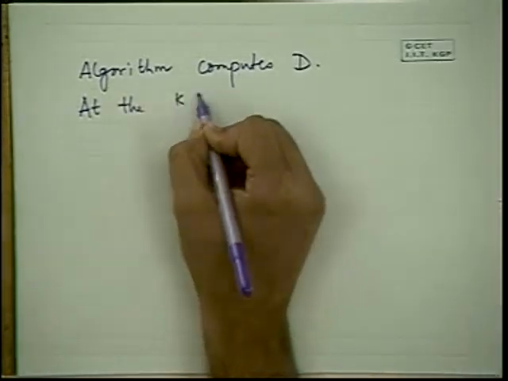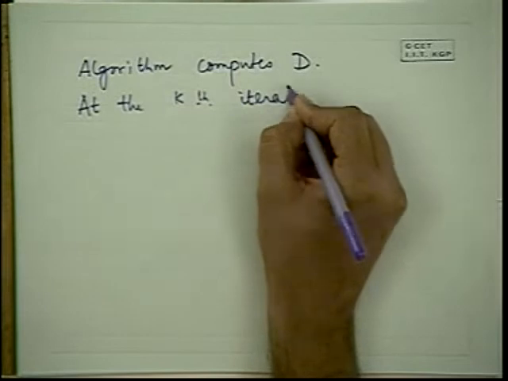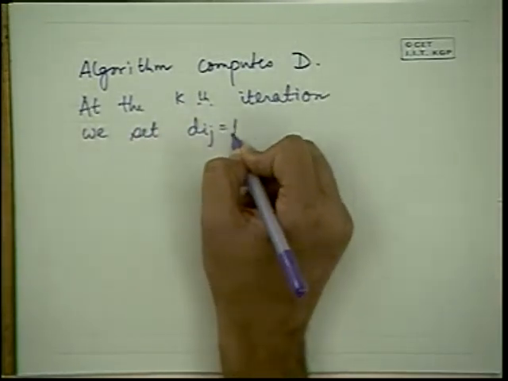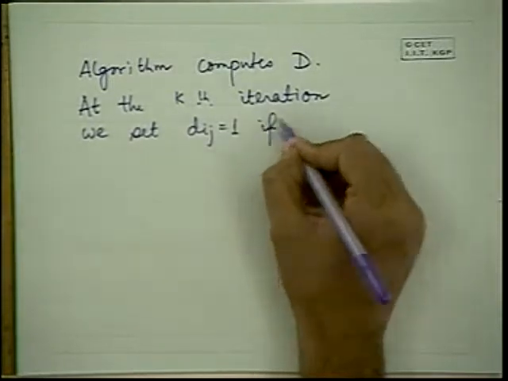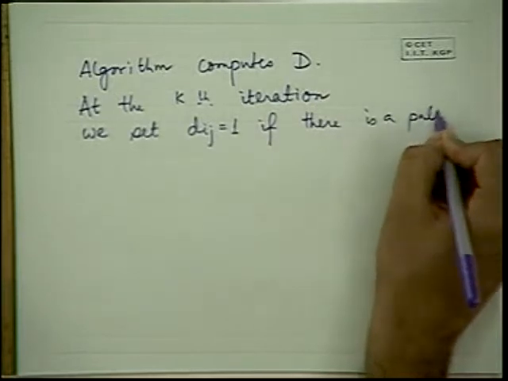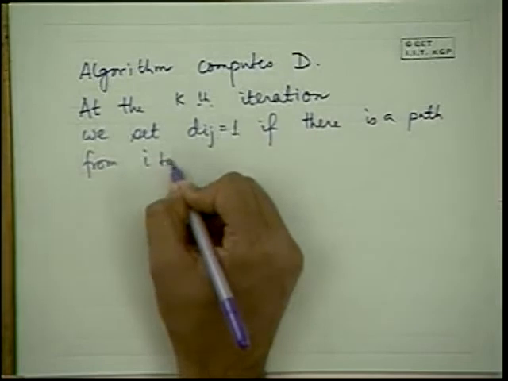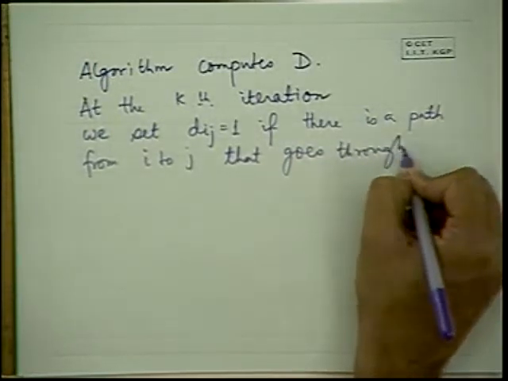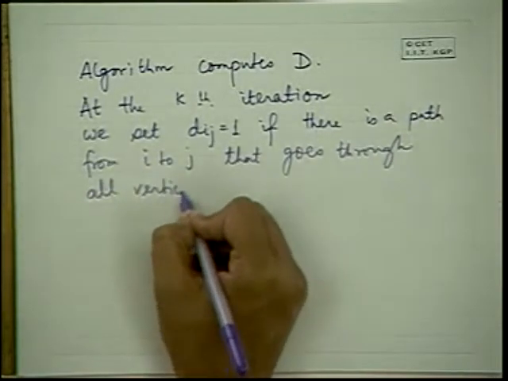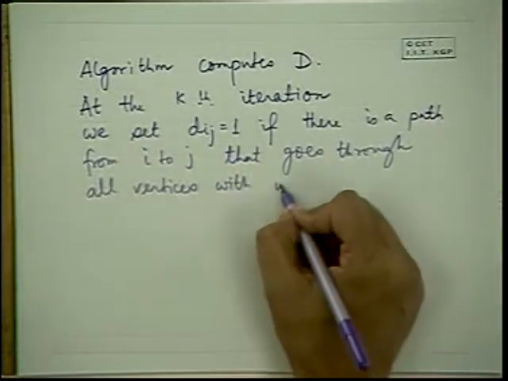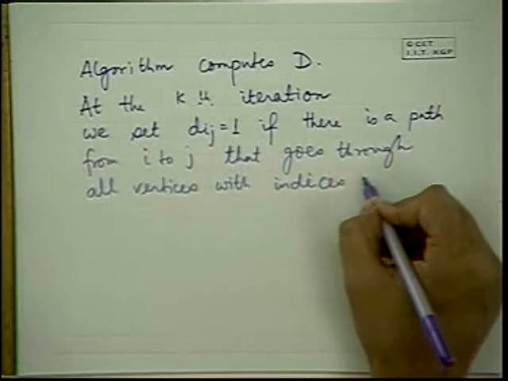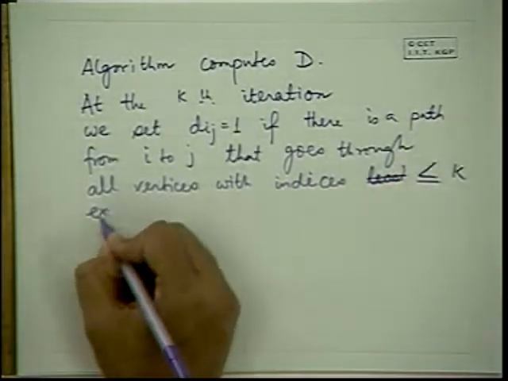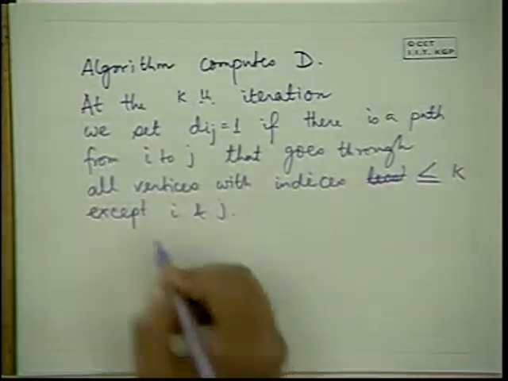At the kth iteration, so this is the invariant, we set Dij equal to 1 for any i, j if there is a path from i to j that goes through all vertices with indices less than or equal to k, except the two endpoints i and j. So this is the invariant of the algorithm.